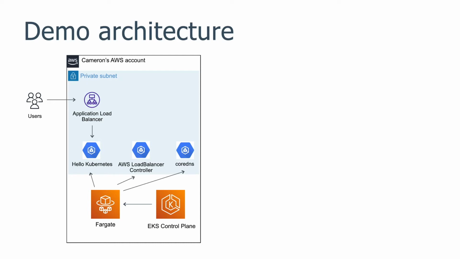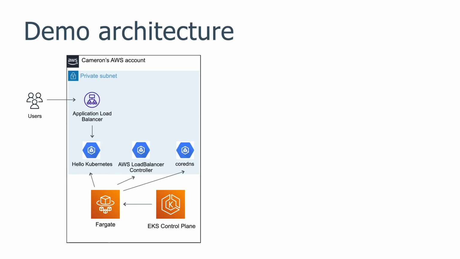Some of the disadvantages of this architecture are that the ALB ingress controller spins up a separate ALB for each ingress, and this can get expensive. There's no support for stateful workloads that require persistent volumes when you use Fargate. So it's not so great for running databases, but there are other services for that, such as AWS RDS and Aurora.